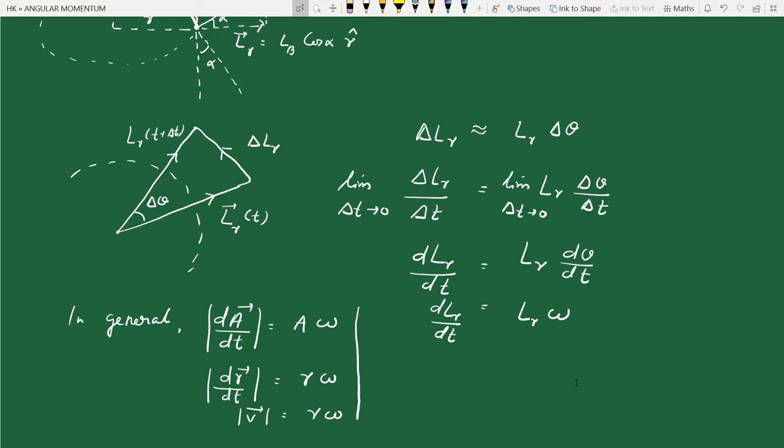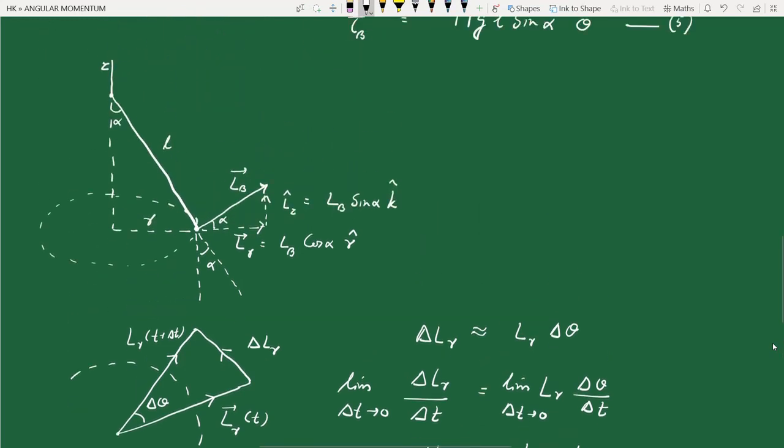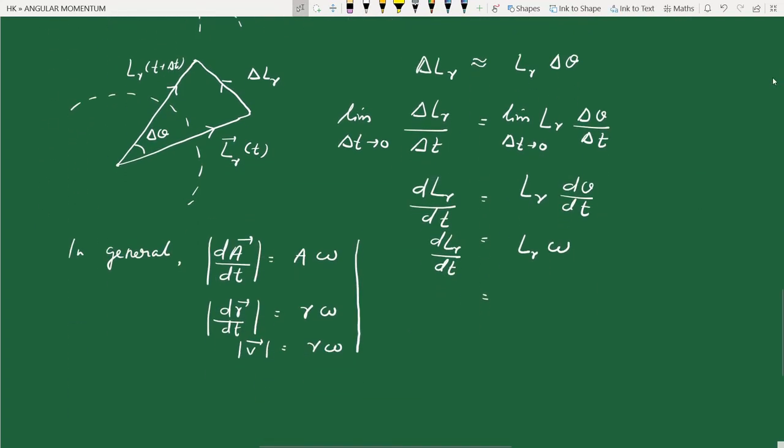So let us try to use this result. Let me substitute for LR. What is the expression for LR? From this figure, LR is equal to LB cos alpha, right? So let us substitute LB cos alpha into omega. But what was LB?